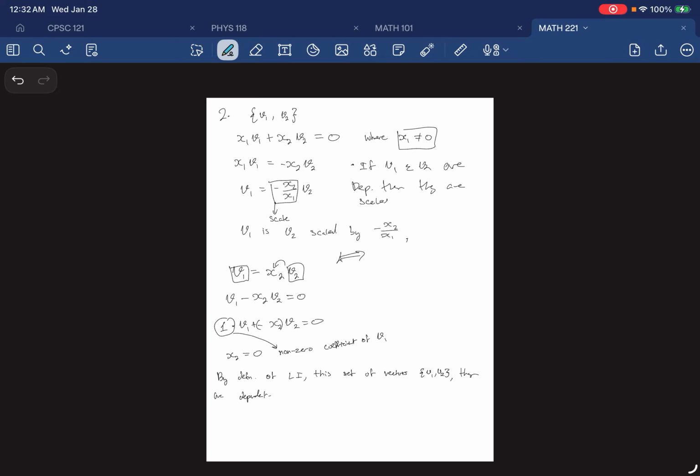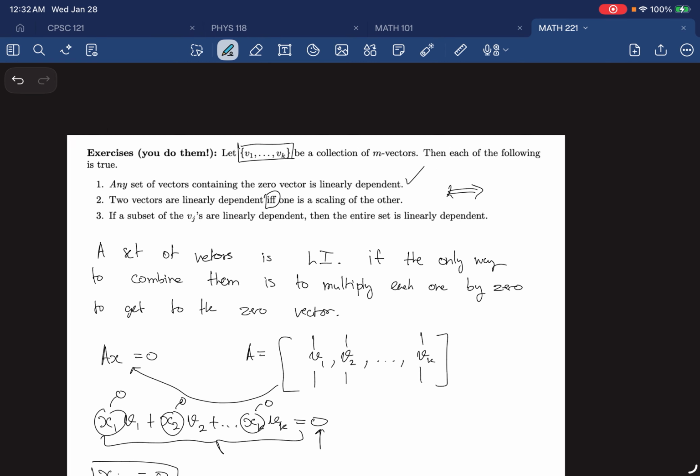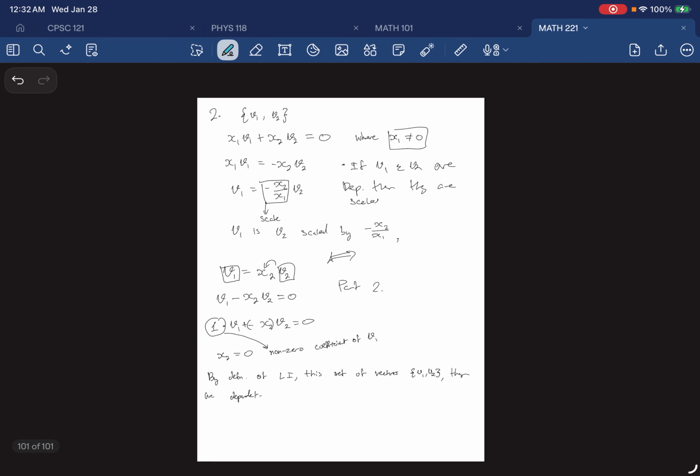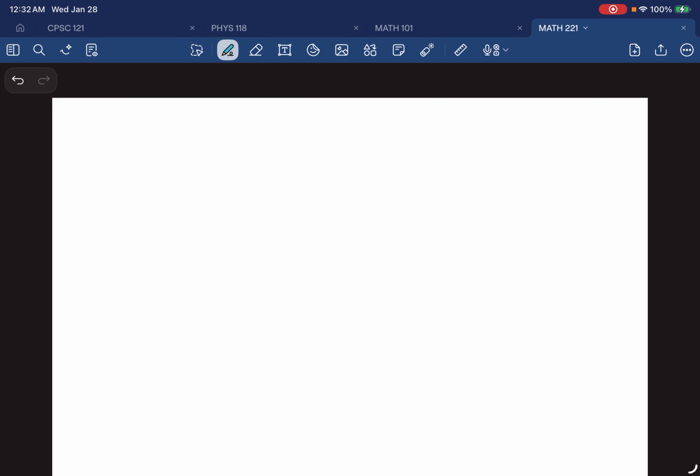And the other one is if they are scales, then they are dependent, right? So this is part 2, and it goes both ways. All right, so we got that one. Check that. And the third one is if a subset of the VJs are linearly dependent, then the entire set is linearly dependent. Okay, so let's get a new page.